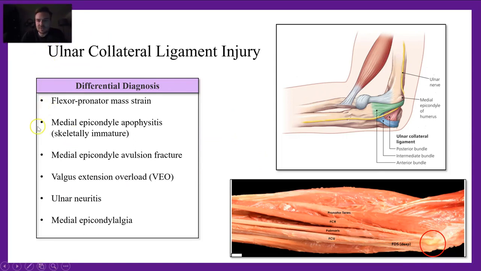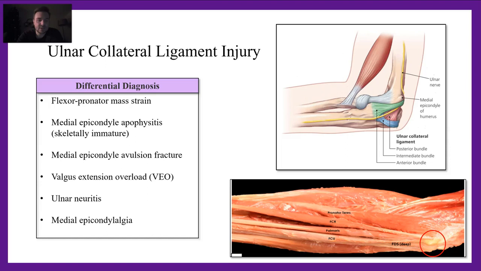So the flexor and pronator common tendon attaches into the medial epicondyle, and one of the hallmark signs of a UCL injury is chronic flexor pronator mass tightness or discomfort.